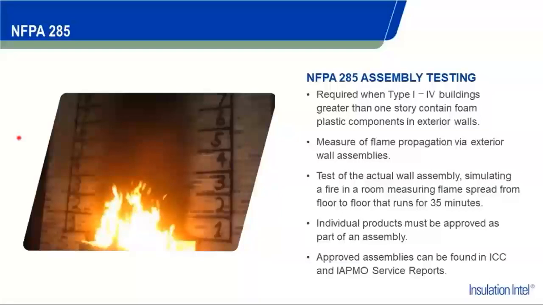It is non-analogous to UL hourly rating, and it can't be substituted for UL requirements. So it's an independent test. UL is an extremely important testing option, but NFPA 285 definitely addresses the exterior assembly itself. So measuring the fire propagation, the test actually has to withstand and run for 35 minutes.